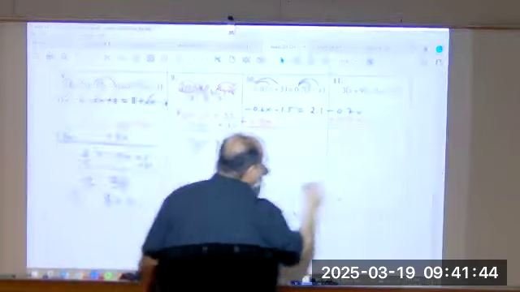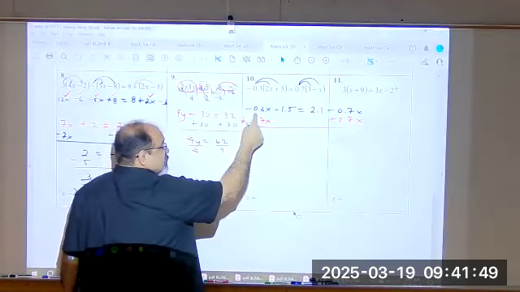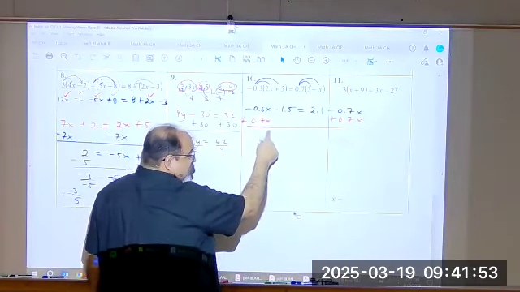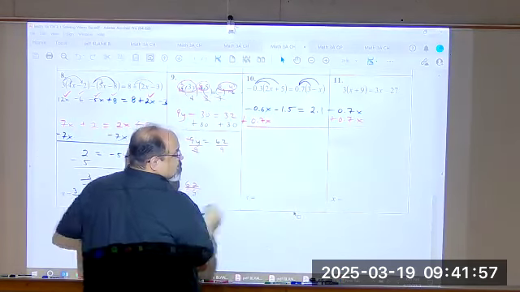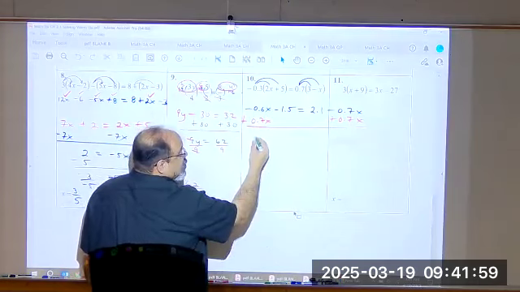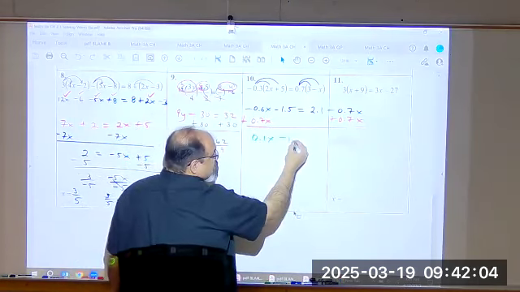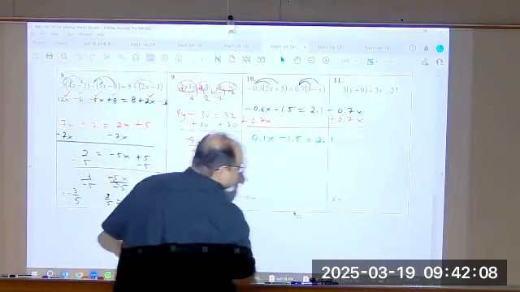And I see this one get messed up. I have negative 60 cents times x plus 70 cents times x. So what's 70 cents take away 60 cents? 10 cents. So it's positive 0.1x. I still have minus $1.50 equals 2.1.